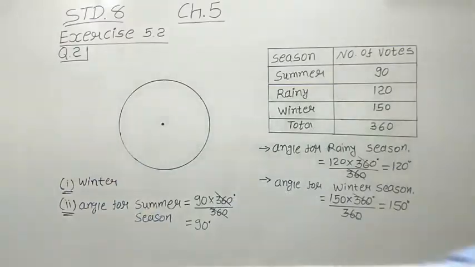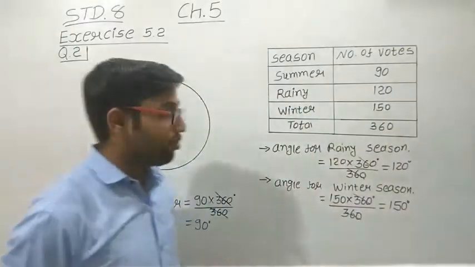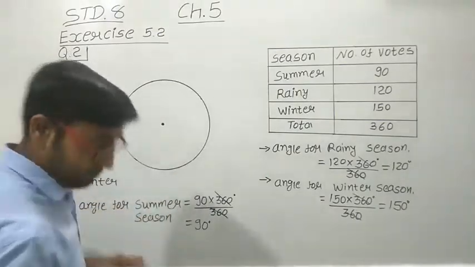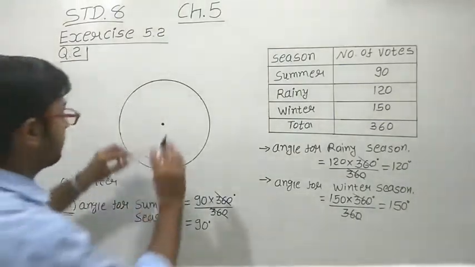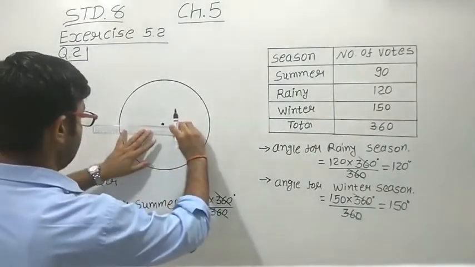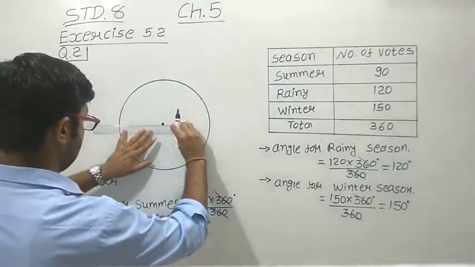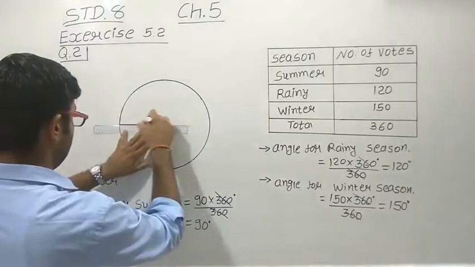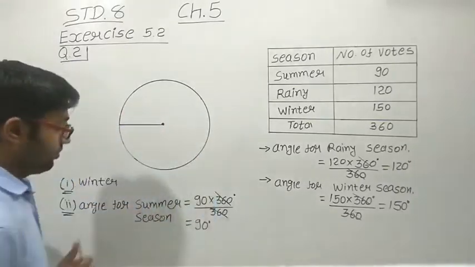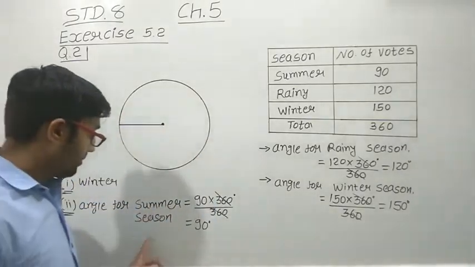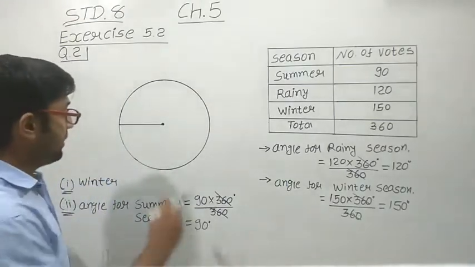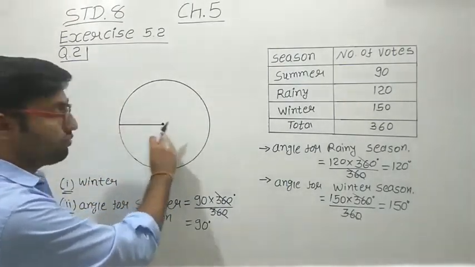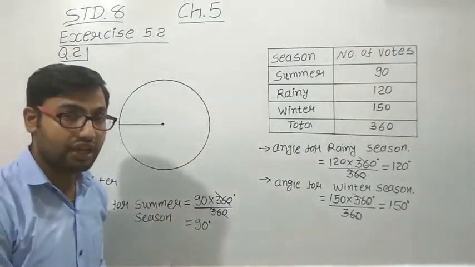See, we can start to draw this by taking a line here. We can take a radius here, right? Now see, the first angle, for the summer season, is 90°, so we have to make an angle by taking this one as one arm of the angle.